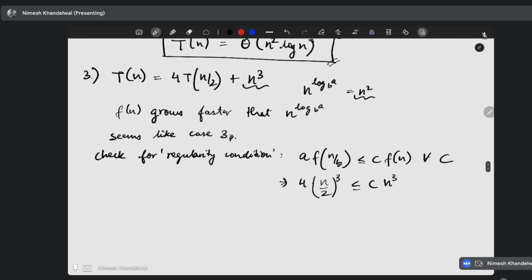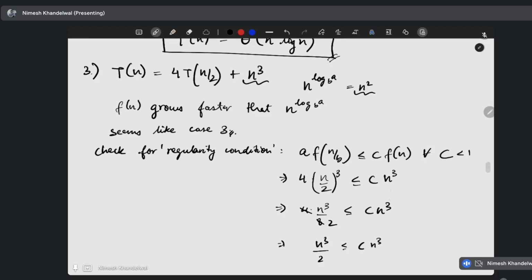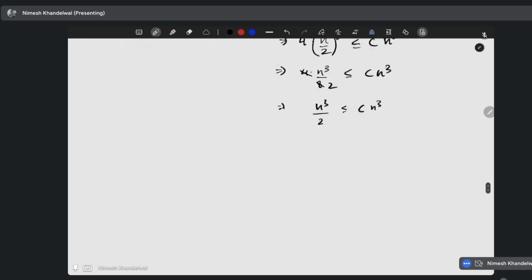And this is for c less than 1, right? So this is 4 n cubed over 8, which is n cubed over 2, less than or equal to c n cubed.